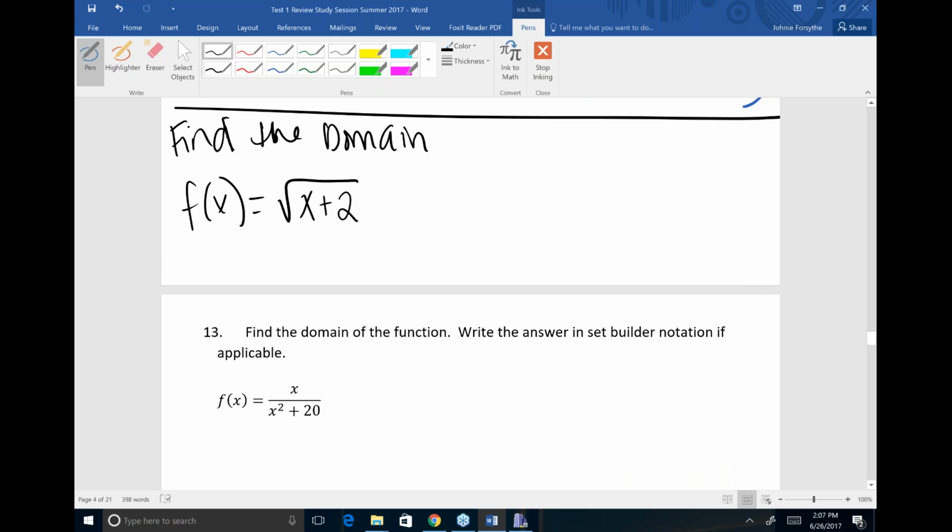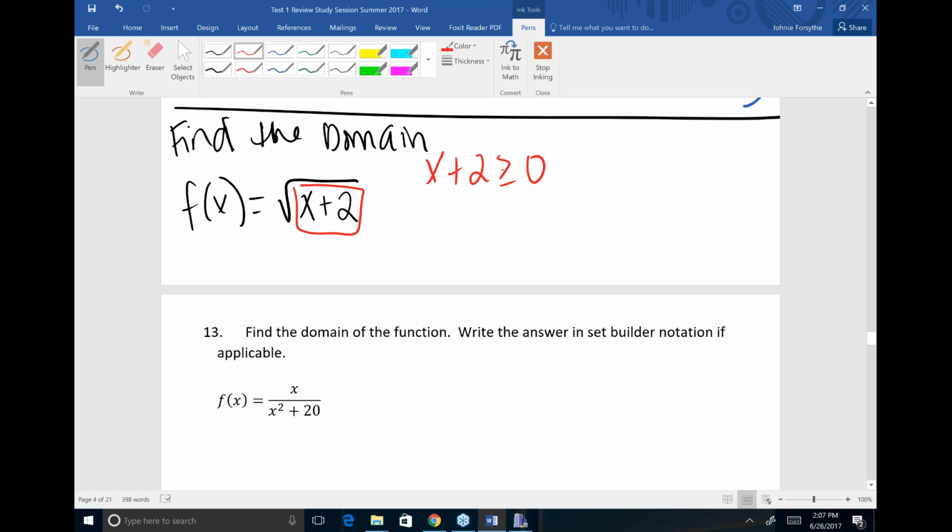So the best way to do that is to take what's under the square root. What's under the square root needs to be greater than or equal to 0 in order for this function to be okay. So the best way to find a domain is to set what's under the square root greater than or equal to 0 and then solve it. And once you solve it, you would have found the domain.